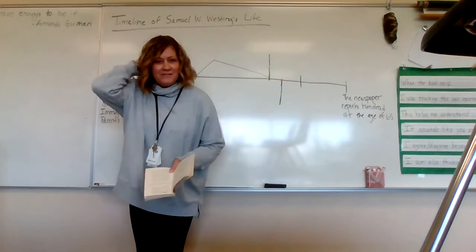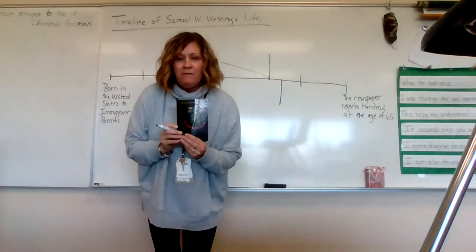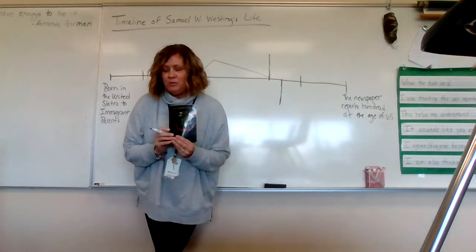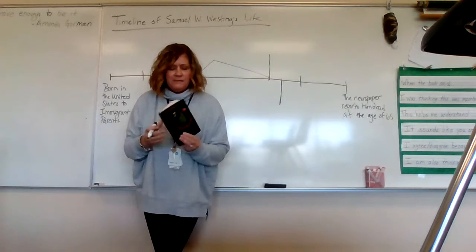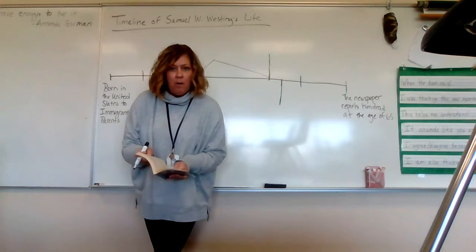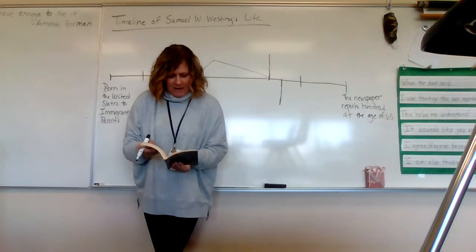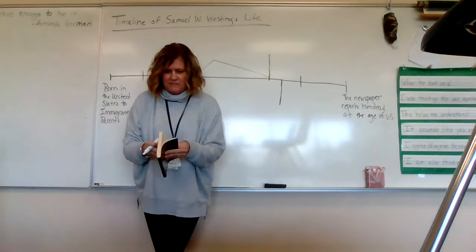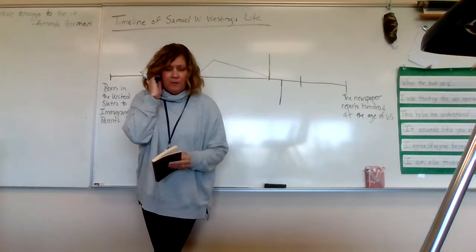Hi, sixth graders. So in reading The Westing Game, one of the things that we had been doing recently was we had read the newspaper article about Sam Westing being found dead on pages 18 through 20 in your book.